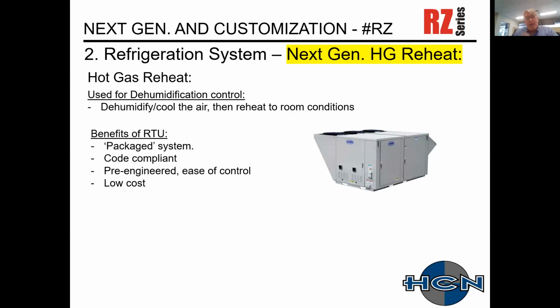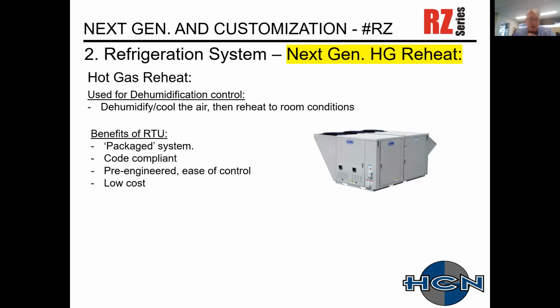Next, we're going to talk about hot gas reheat, and how the system is transitioning to a new style. Everybody, once again, is familiar with hot gas reheat. It's used to dehumidify and cool the air, and then you're using the refrigeration system to reheat the air to provide neutral air conditions. A benefit of a rooftop unit is that it's packaged.